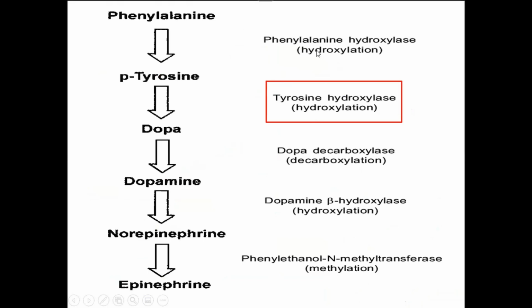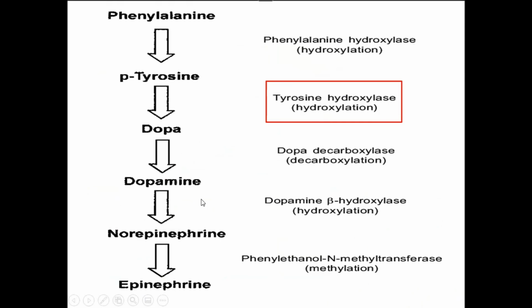Phenylalanine undergoes hydroxylation by phenylalanine hydroxylase to become tyrosine. Tyrosine undergoes tyrosine hydroxylase, which is the rate limiting step. Very important MCQ question: the rate limiting enzyme in this synthesis is tyrosine hydroxylase. It goes through DOPA. Then DOPA becomes dopamine by DOPA decarboxylase.